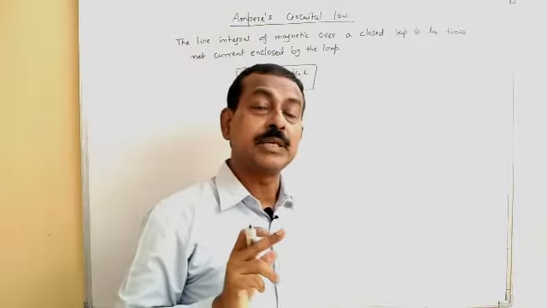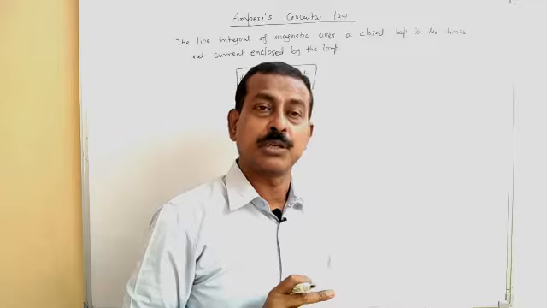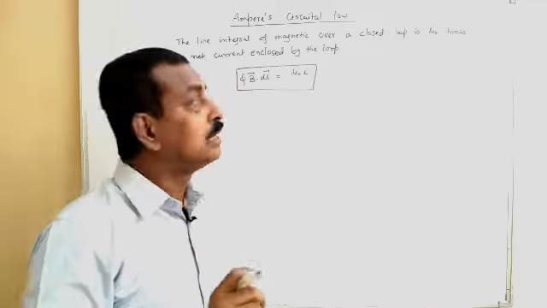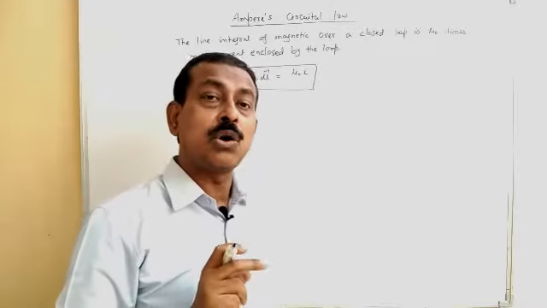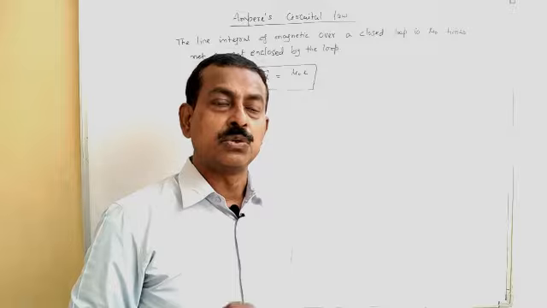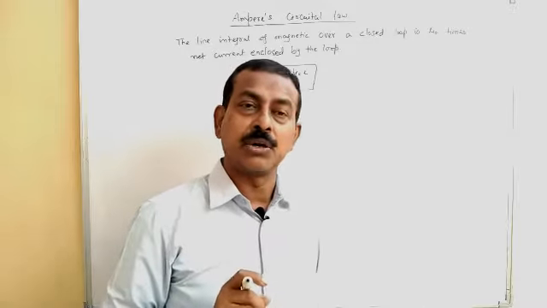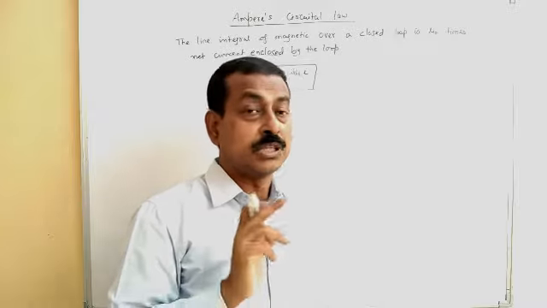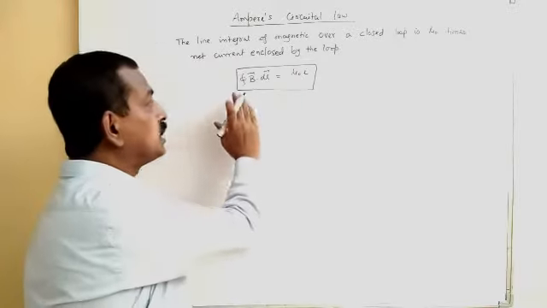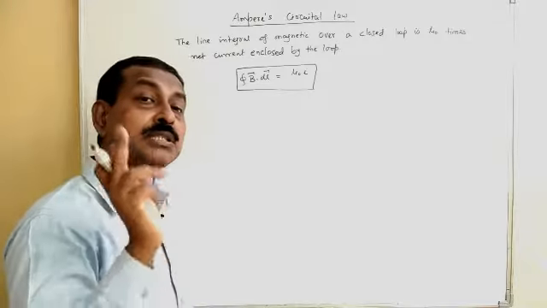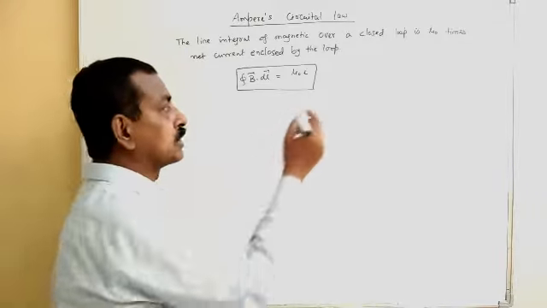Whereas if you just see Gauss theorem of electrostatics, there we have said that the surface integral of electric field over a closed surface is 1 by epsilon naught times the net charge enclosed by the surface. So the difference is there. This is for line integral of magnetic field. That was surface integral of electric field.